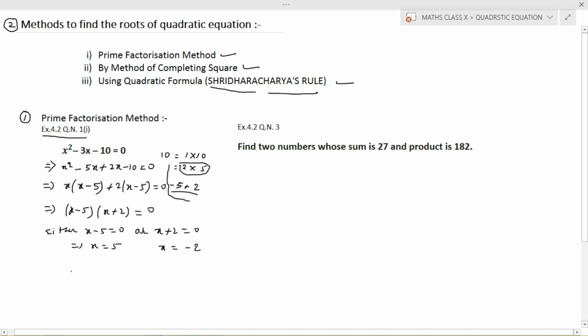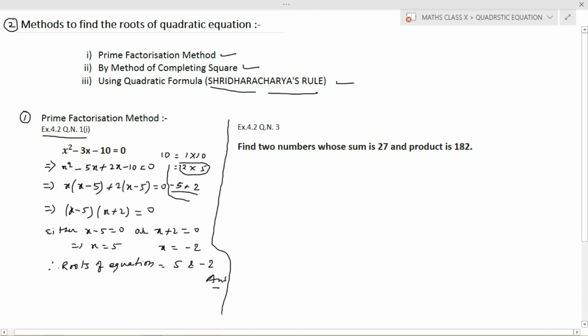Therefore, the solutions or the roots of the equation will be 5 and minus 2. This is your answer. I hope you understood.